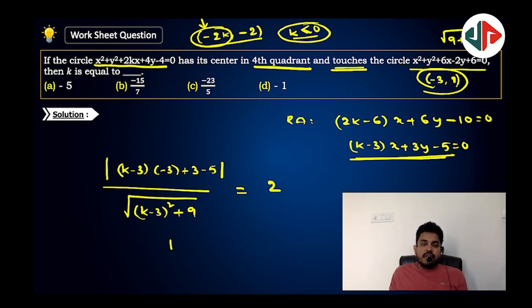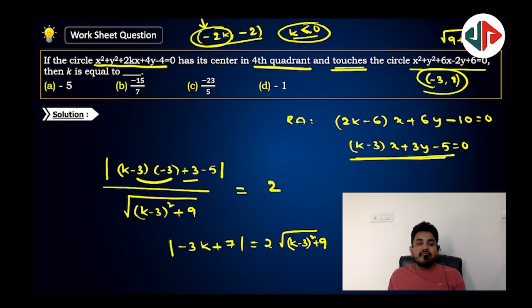So this is the modulus of minus 3k plus 9 plus 3 minus 5, that is minus 3k plus 7, equals 2 times root over (k minus 3) whole square plus 9. Just go for the k value with verification also. But one thing is that k has to be negative. Luckily, they have given all the values as negative only.